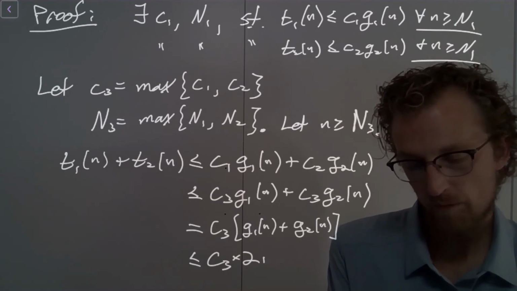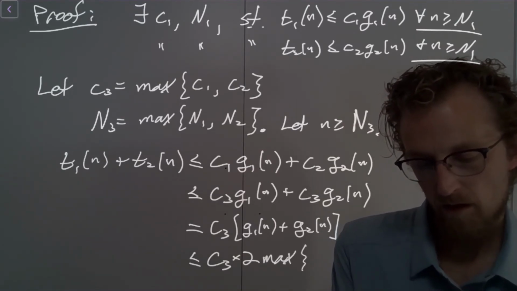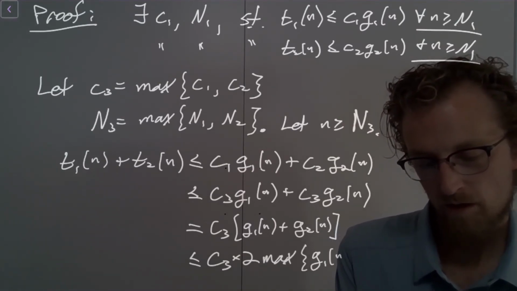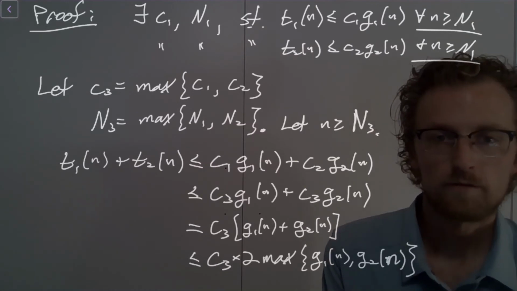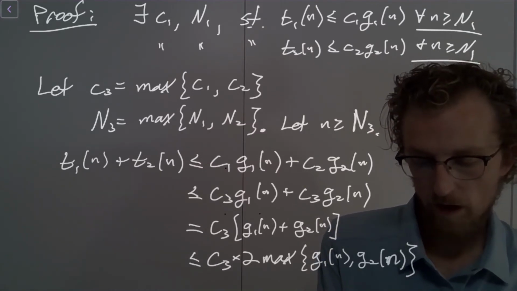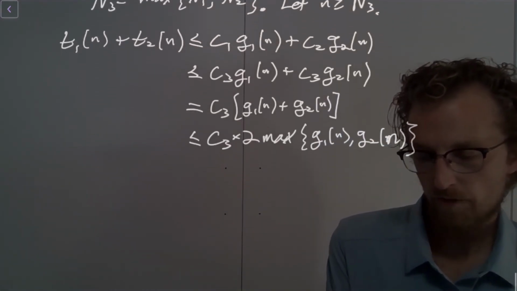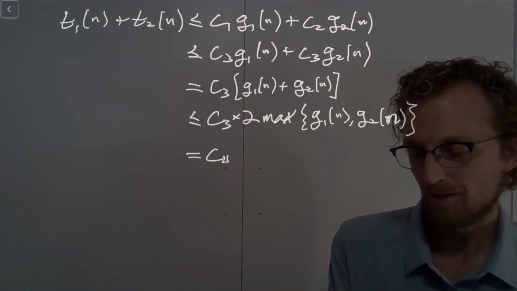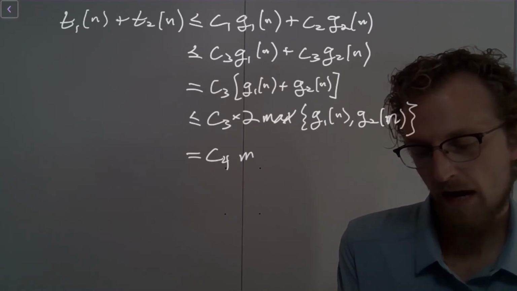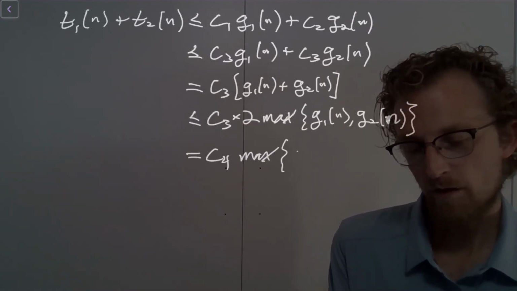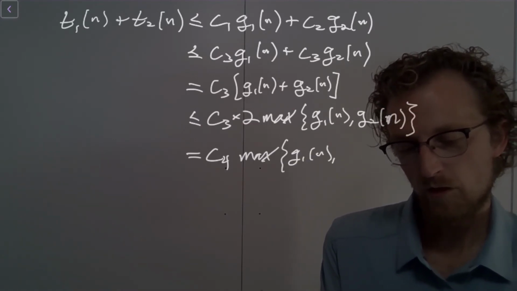So 2 times max of g1 of n and g2 of n. Okay. So now what do I have? Just to round it all out, I have this is just equal to a c4. What's c4? It's just 2 times c3. c4 max g1 of n, g2 of n.